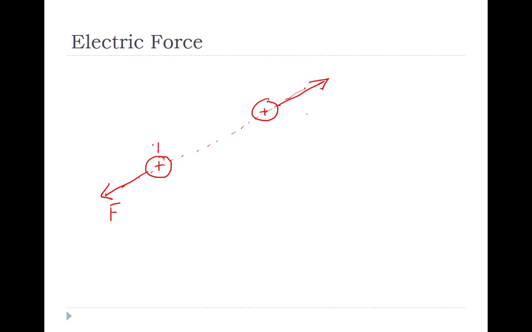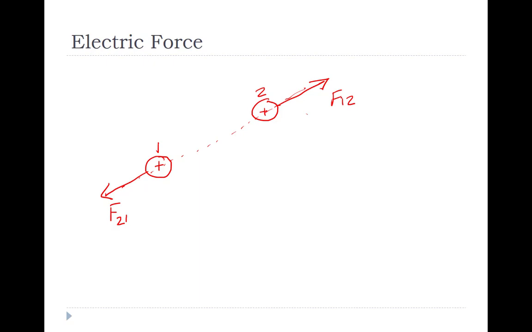So if this is charge 1 and that is charge 2, then this would be F21 and that would be F12. Hopefully you remember from first semester that that's the hallmark of a third law force pair. So we expect these two forces to be equal and opposite.